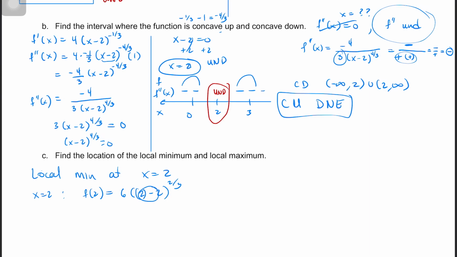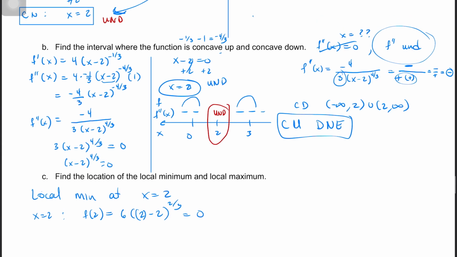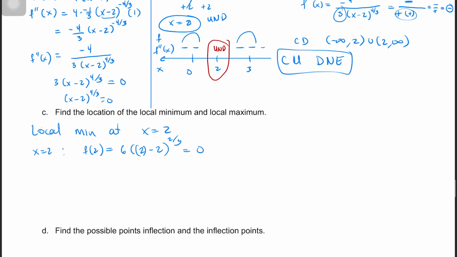This is going to give us 0. 0 to the 2/3 power is going to be 0. 0 times 6 is 0. So this is going to be 0. So y equals 0. So when x equals 2, y equals 0, and this is your local min, right? The local minimum value is 0, and is located at 2.